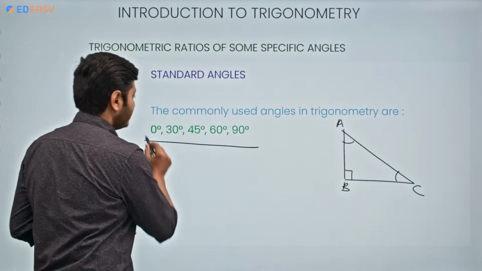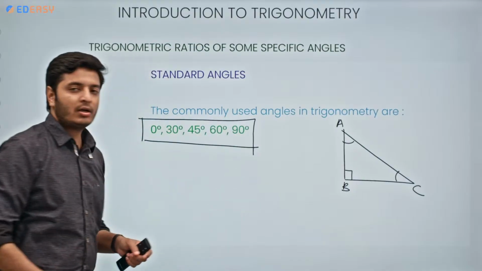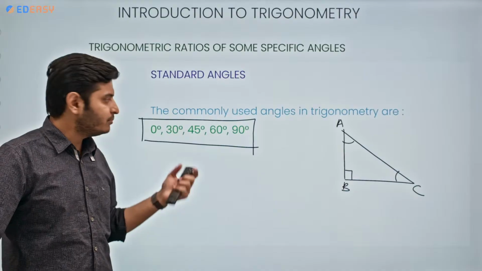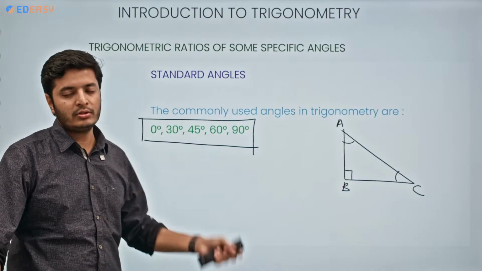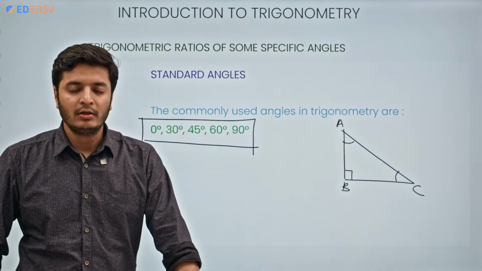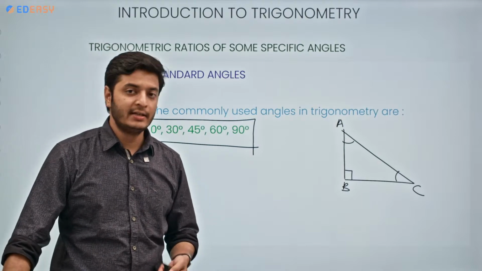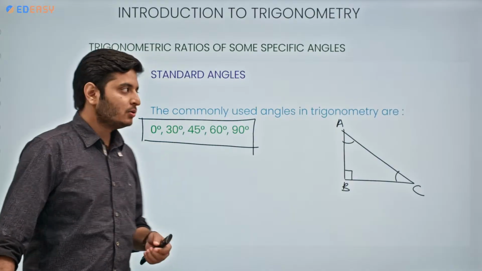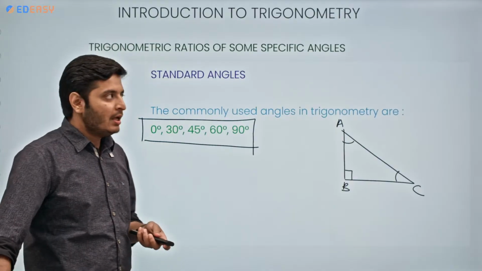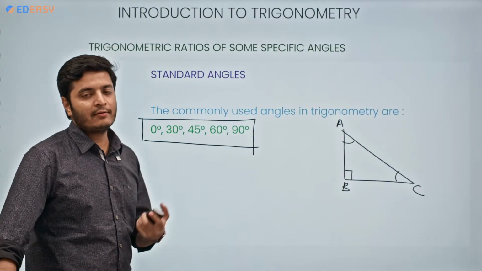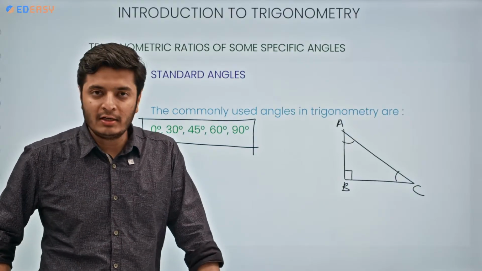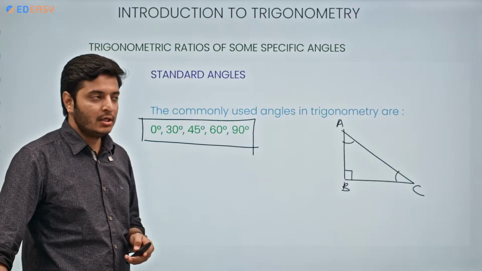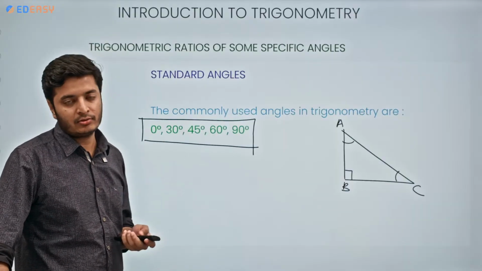So these 5 angles are what we are gonna deal with in 10th class. In this chapter also, but mostly you are gonna use these values in the next chapter, where we will be finding heights and distances depending on different scenarios, correct? So this is not difficult. Now, what are their values? I will tell you a trick to create a table with the help of which you can easily remember the values.